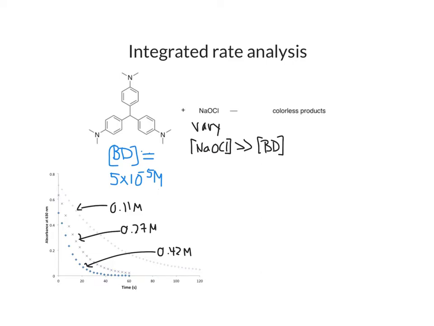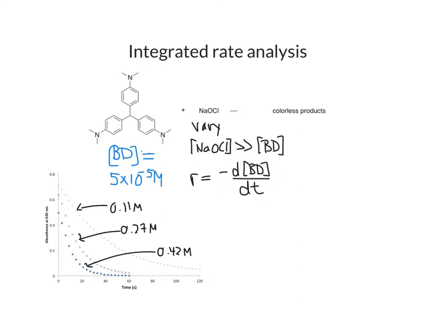Next, what we're going to do is remember that the rate of reaction is equal to the opposite of the concentration of blue dye changing in time. Because what I'm measuring is the blue dye concentration, this absorbance is the absorbance of the blue dye, so I'm measuring the concentration of blue dye as a function of time, I'm expressing my rate in terms of the derivative of blue dye with respect to time.